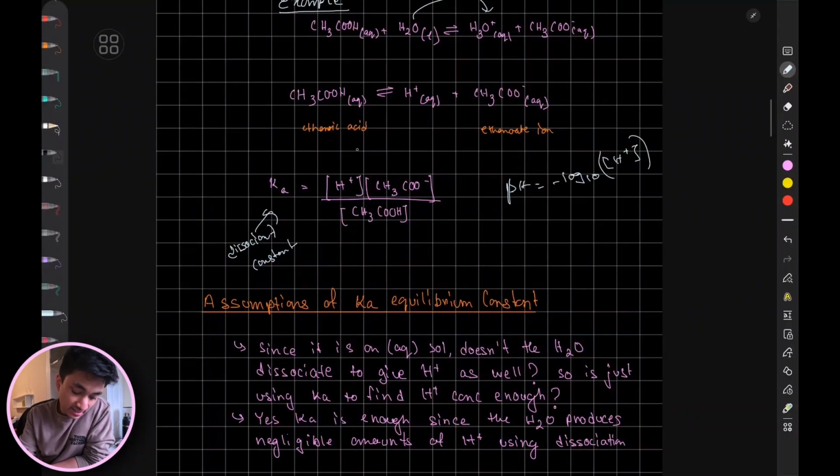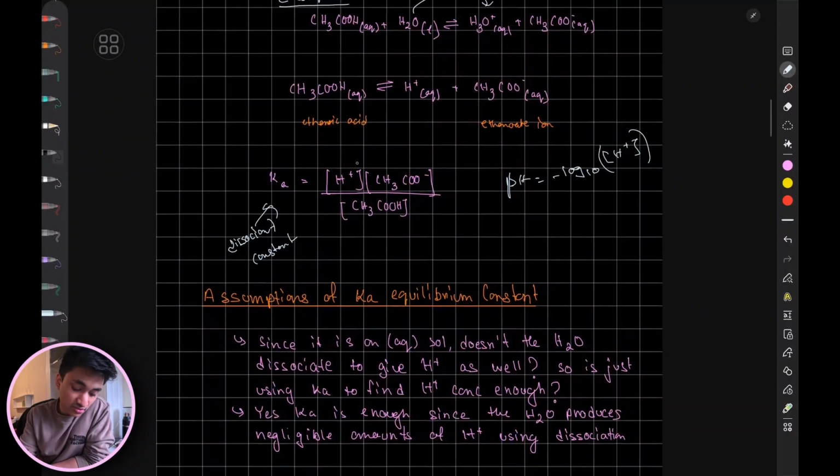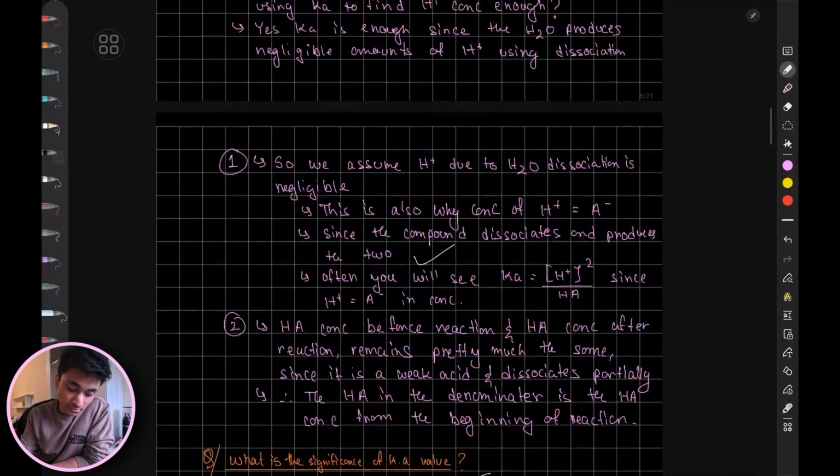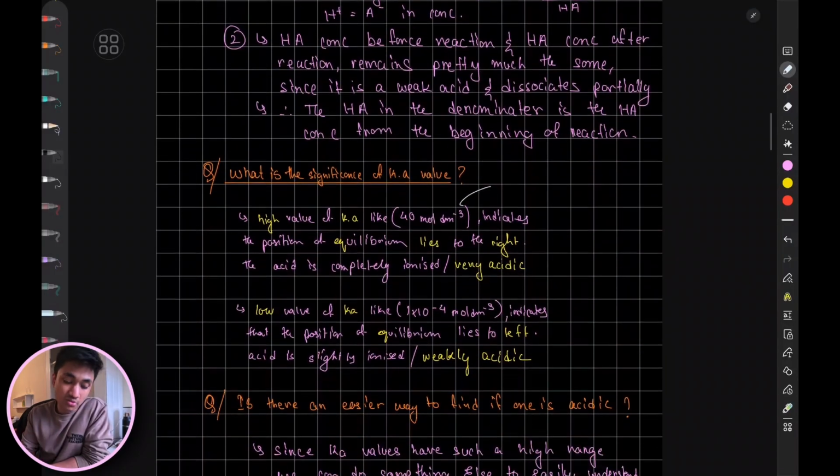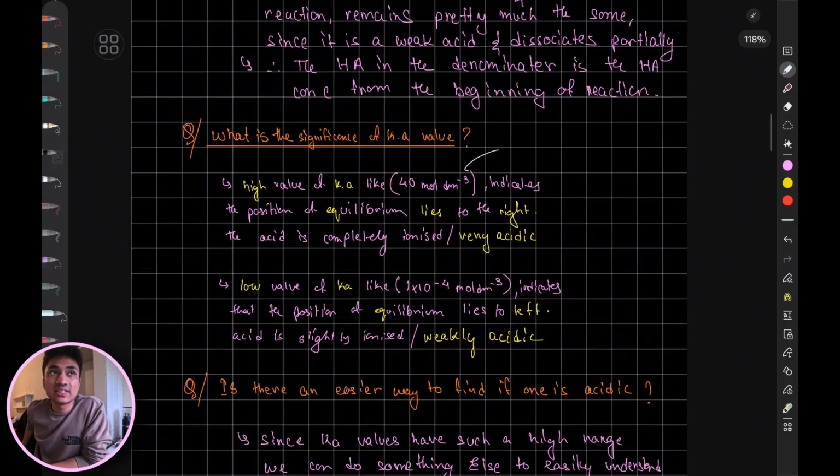In this case, the units of Ka is going to be mole per dm cube. In this specific case, and usually as well, when you're talking about Ka, its unit should be mole per dm cube only, because you have one reactant and it produces two products.